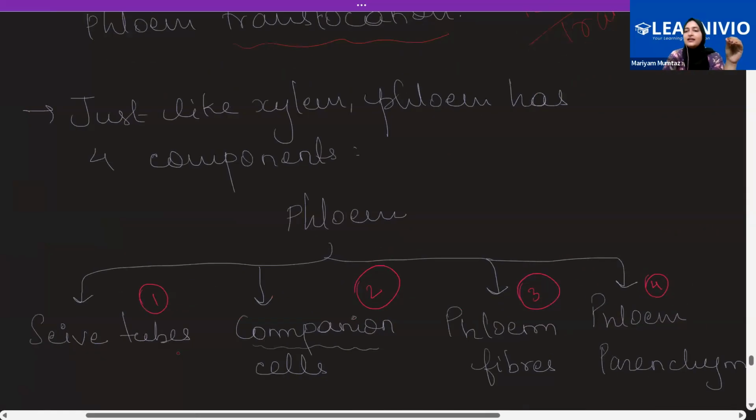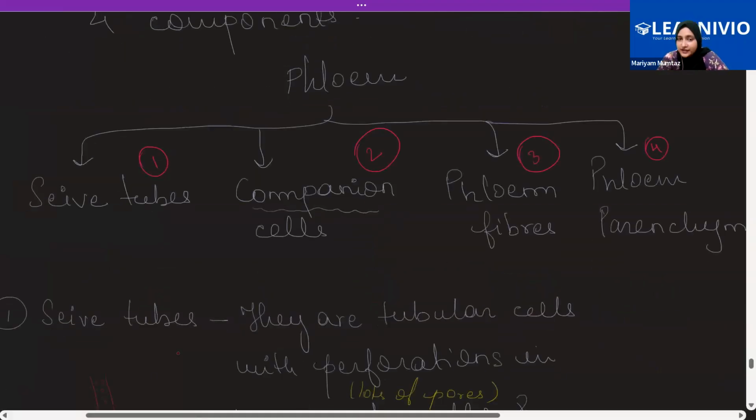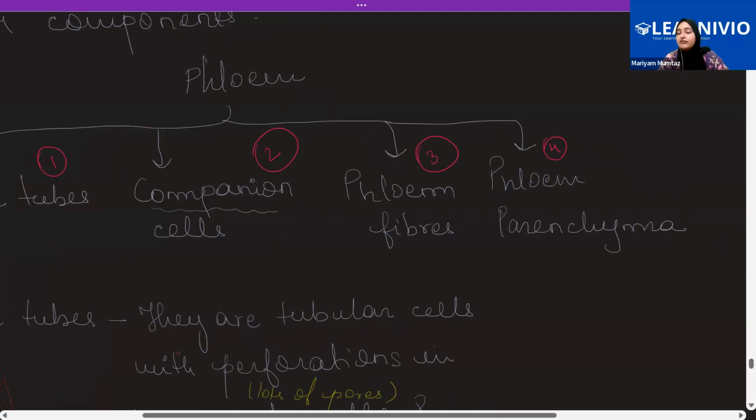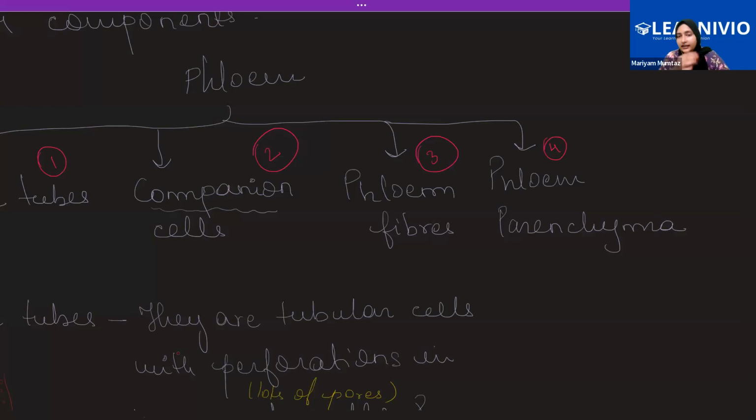Now, just like the xylem, the phloem also contains 4 components. So here the components are sieve tubes, companion cells, phloem fibers, and phloem parenchyma. Each of these components will have its own specific function to perform.